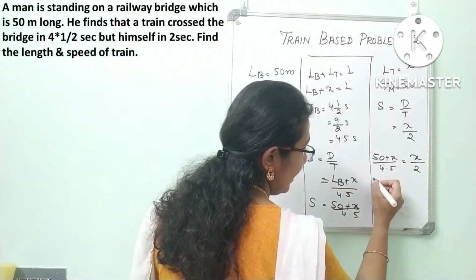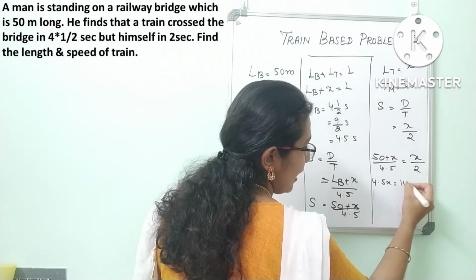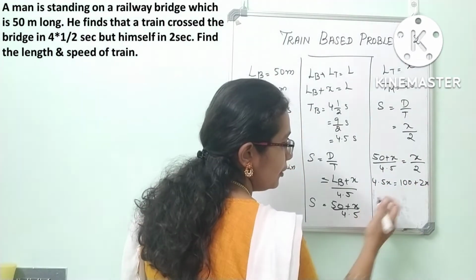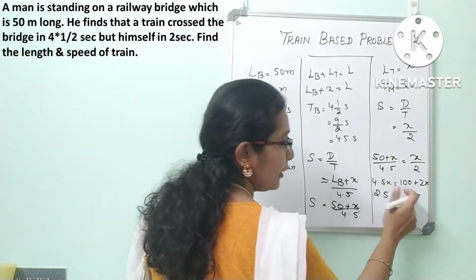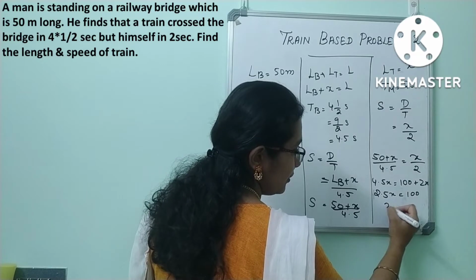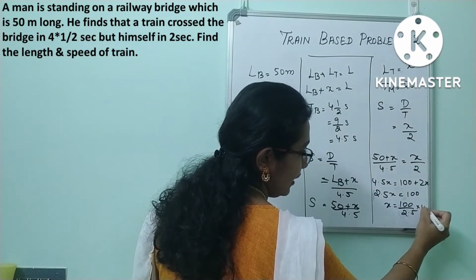Correct? Now cross multiply. So 4.5x is equal to 2 into 50 is 100 plus 2x. So taking this 2x this side, you will get 4.5x minus 2x is 2.5x, which is equal to 100. So x is equal to 100 divided by 2.5. Multiply and divide by 10.